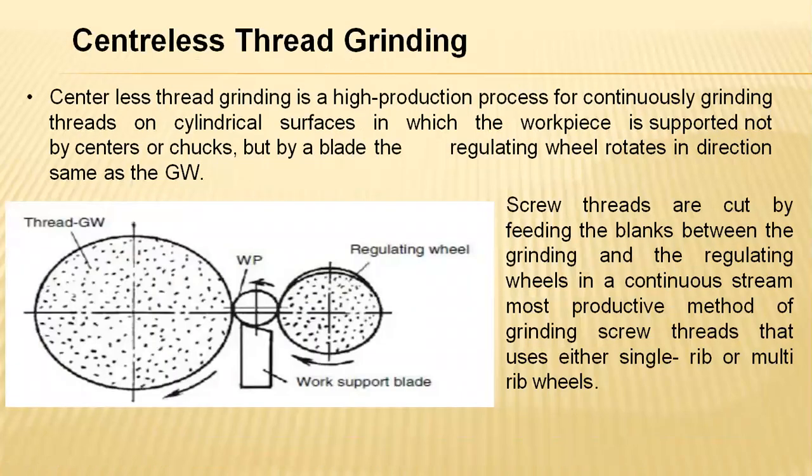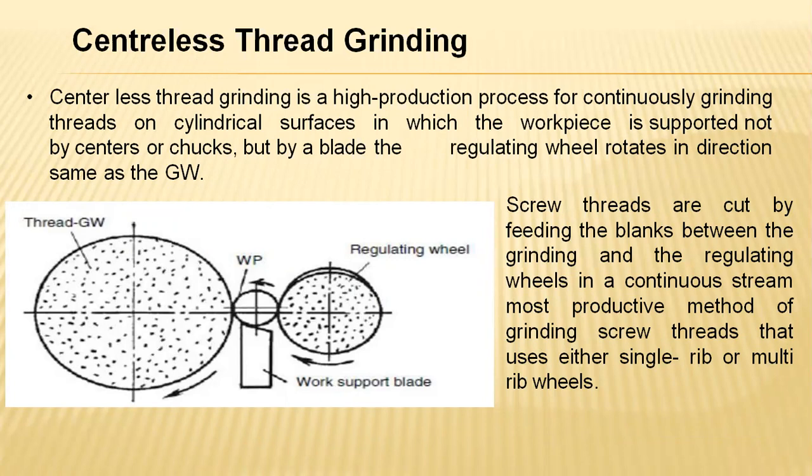So in the case of this centerless thread grinding process, particularly we'll be utilizing this kind of process for high production, that too happening on cylindrical surfaces, only on cylindrical surfaces, but without any dimensional changes.